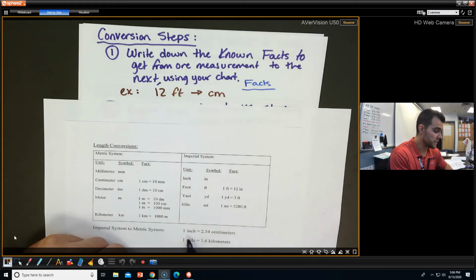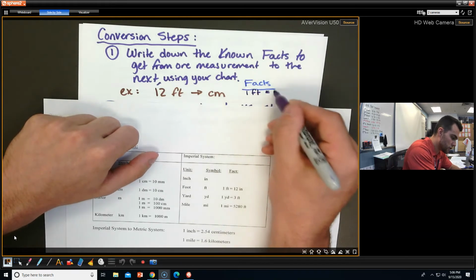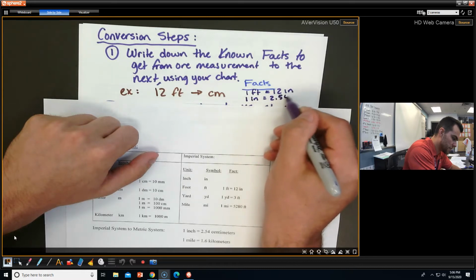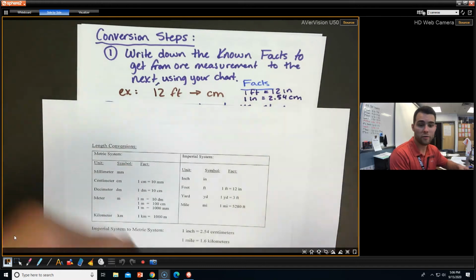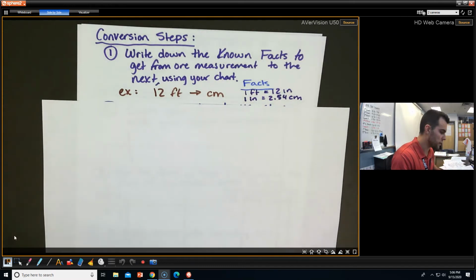So I'm going to write those down: 1 foot equals 12 inches, and 1 inch equals 2.54 centimeters. And now I don't need this sheet anymore. We're done. We wrote down our facts.